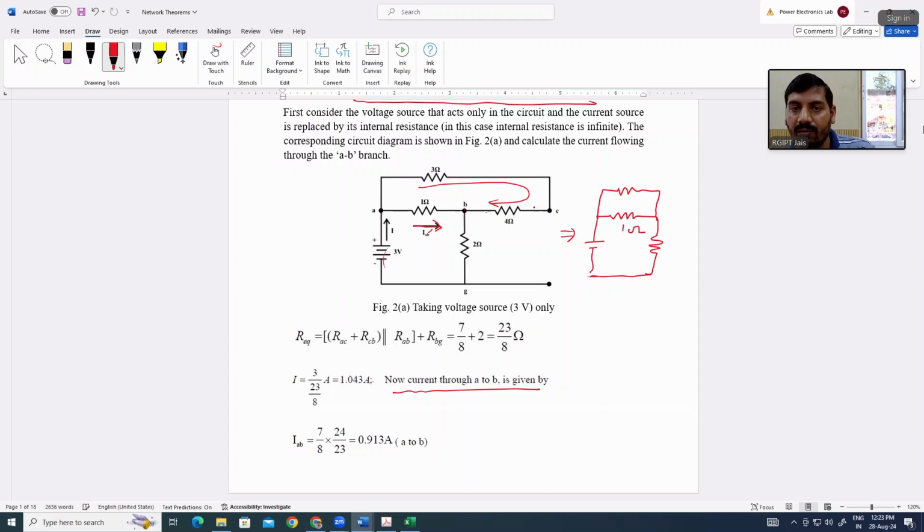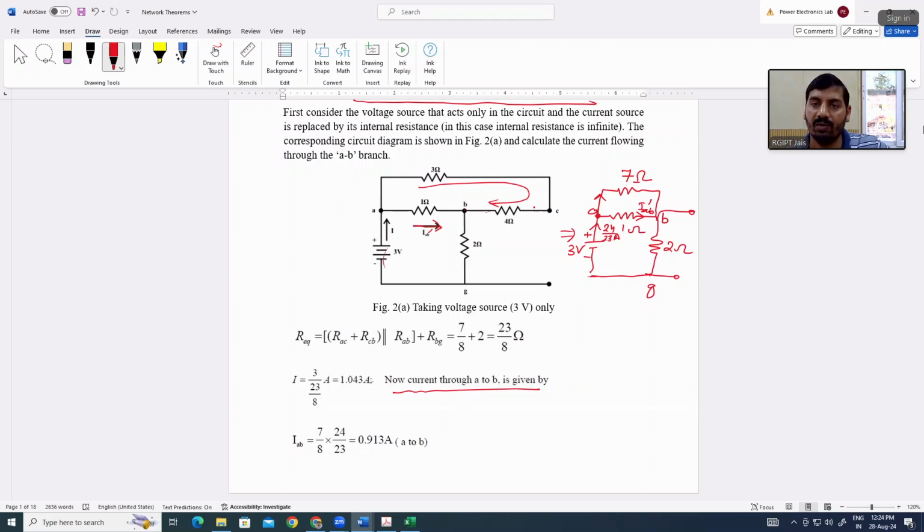This is 1 ohm, this is 2 ohm, and this is 7 ohm, and this is 3 volt. From here 24 by 23 ampere is flowing, so this current will divide in these two branches. We have to find out this current IAB dash. This is A, this is B, and this is G.